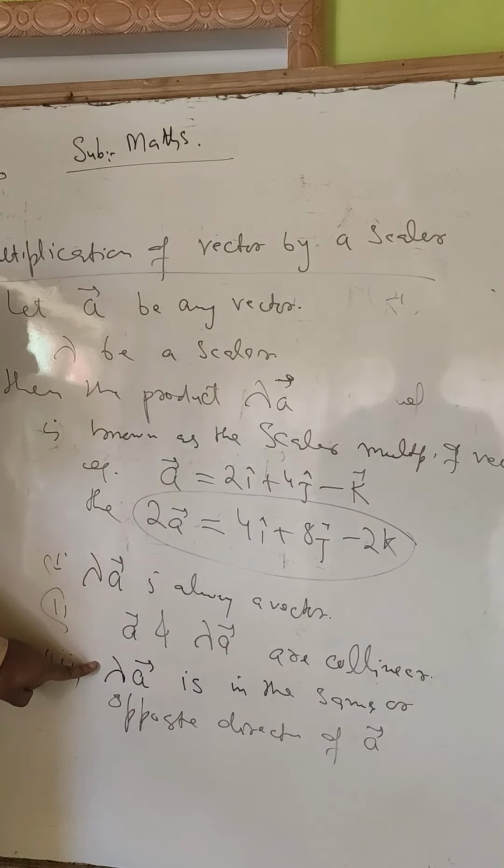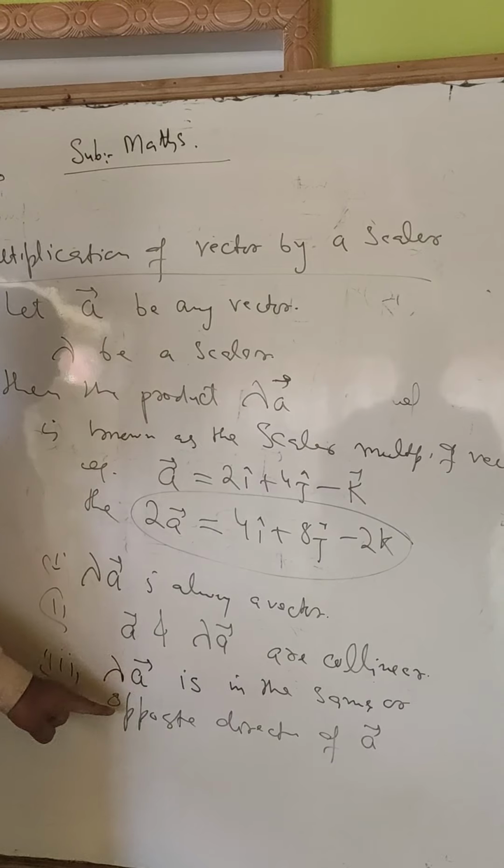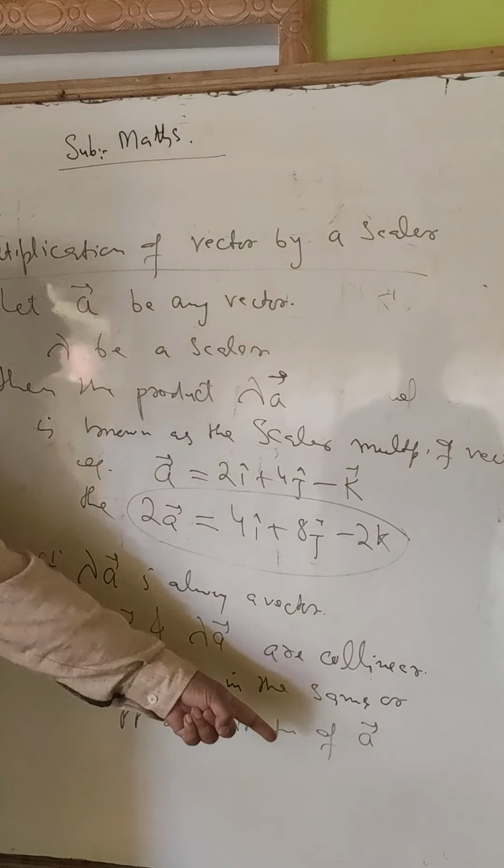If lambda is negative, then lambda a is in the opposite direction of the a vector.